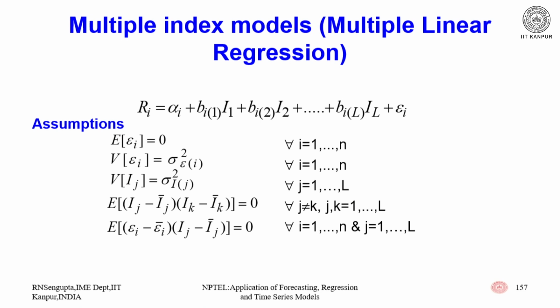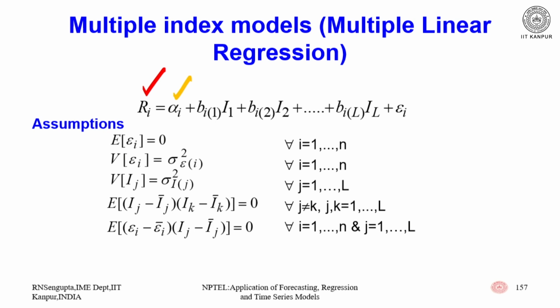The multiple linear regression model, as you all know, has y, which is Ri, the dependent variable. On the right hand side of the equation there is beta naught, which is given as alpha i, and the other corresponding terms. The second term on the right hand side is beta 1 into x1.